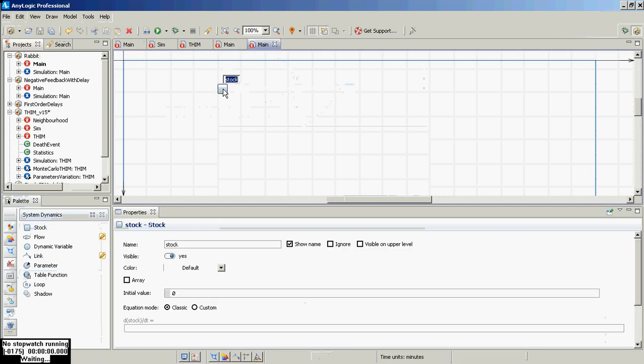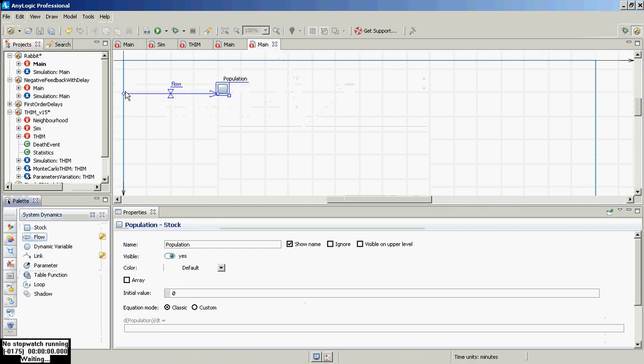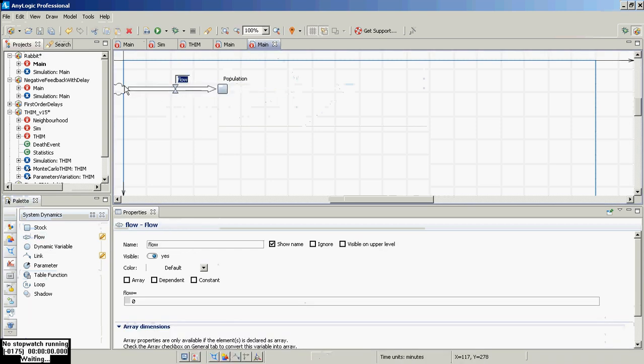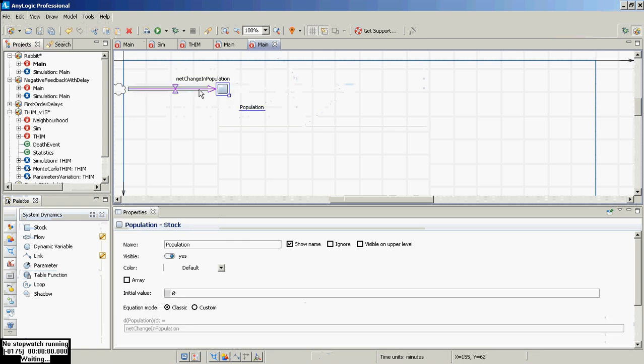So we're going to have a positive feedback loop. Ladies and gentlemen, I'd like to drag in a population here, and so it's a stock, and I'm going to have a flow in, which we'll call net change in population.